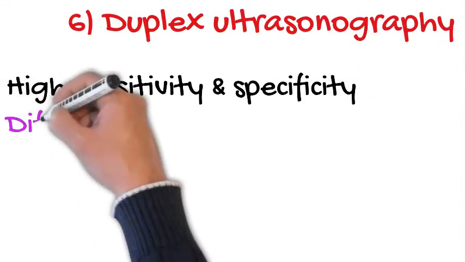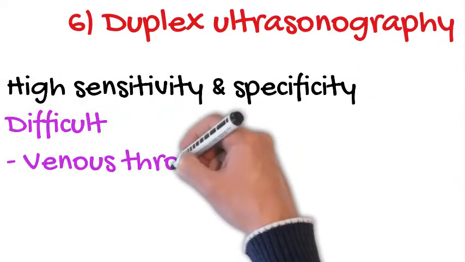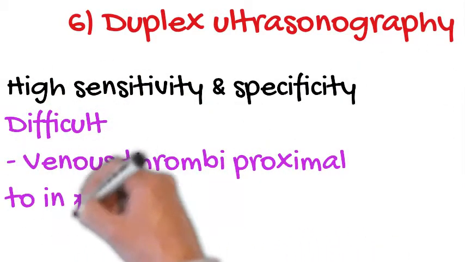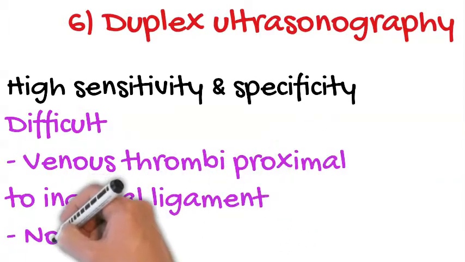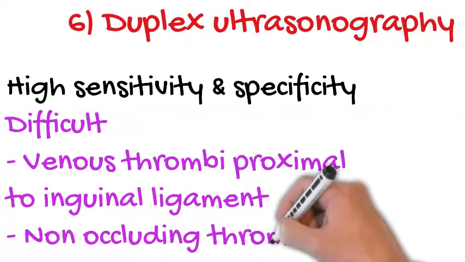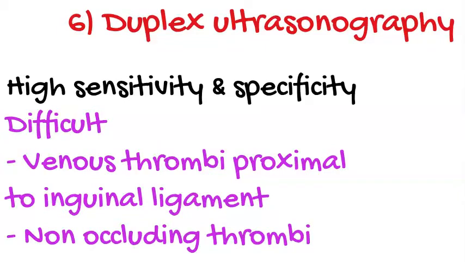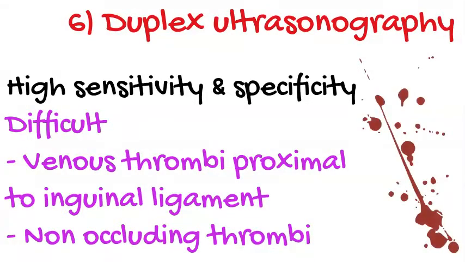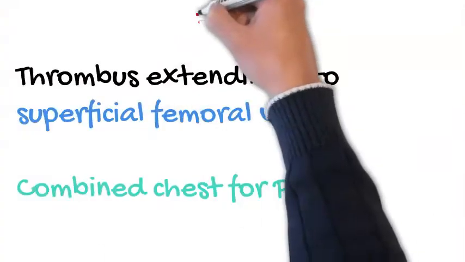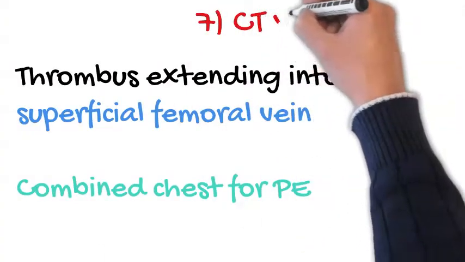It combines ultrasound and Doppler, with very high sensitivity and specificity for proximal vein thrombosis. Diagnosis can be difficult in venous thrombi proximal to the inguinal ligament. Non-occluding thrombi are a bit difficult to detect. 7. CT venography.